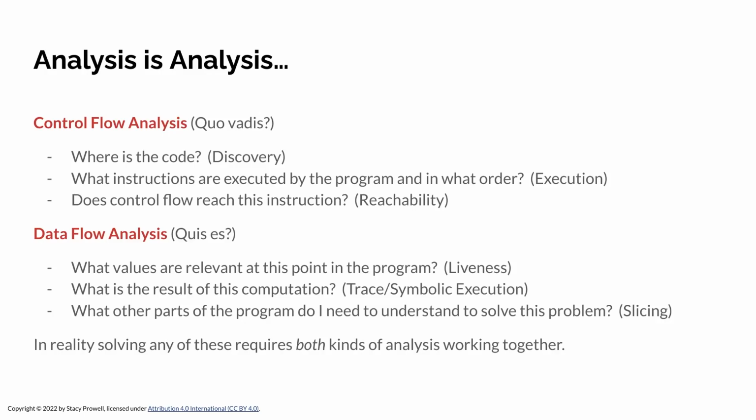What's the result of this computation? We can get that by tracing or by doing symbolic execution. And what parts of the program do I need to understand if I'm going to solve this problem? And that's program slicing. Now, doing any of these requires doing a little bit of both. So, this categorization, as I said, is weak at best.